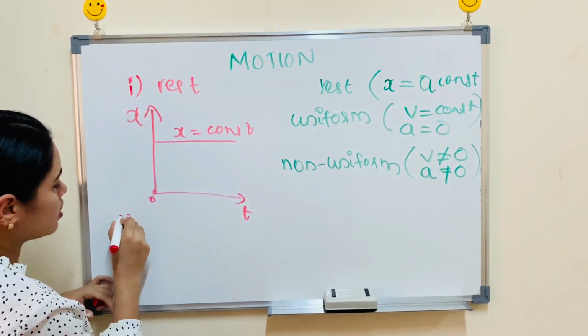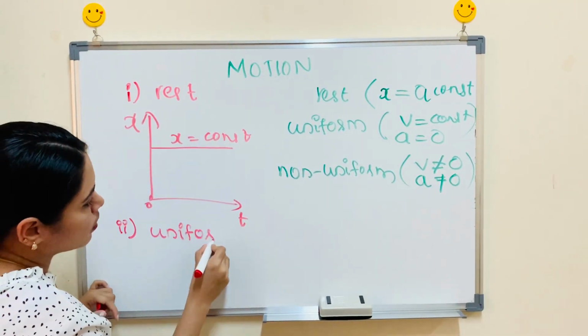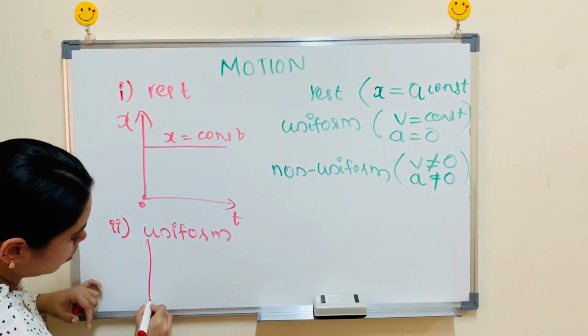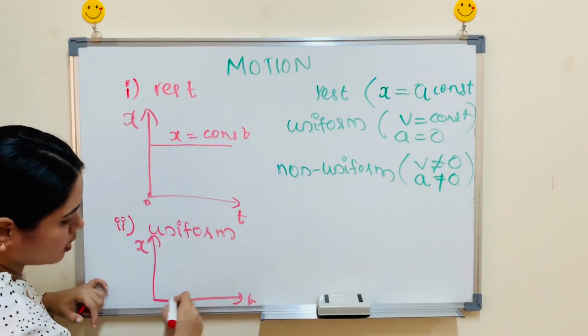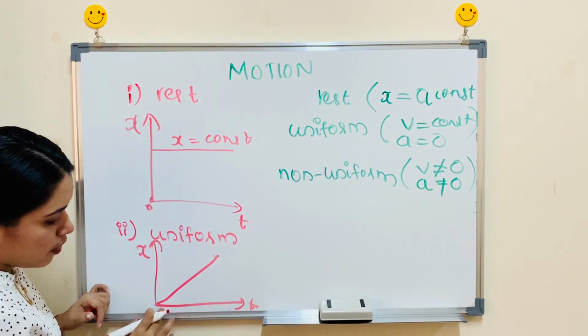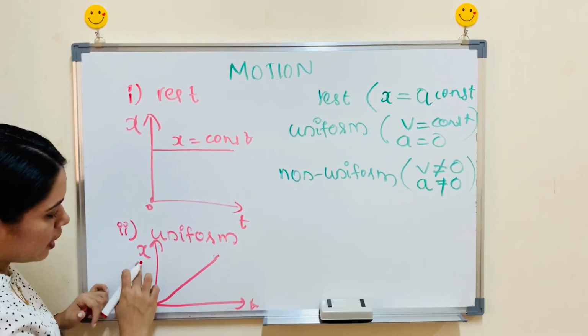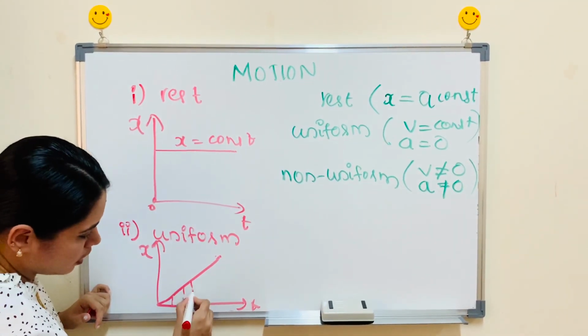And the second condition is uniform motion. When a body is uniformly moving, the position time graph will be a straight line. That is, when time increases uniformly, the position also increases. What is uniform motion?